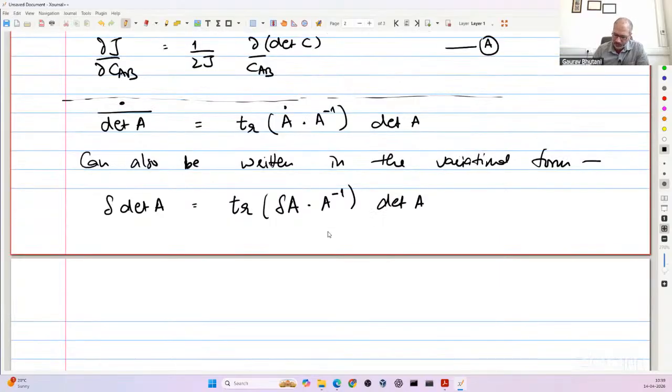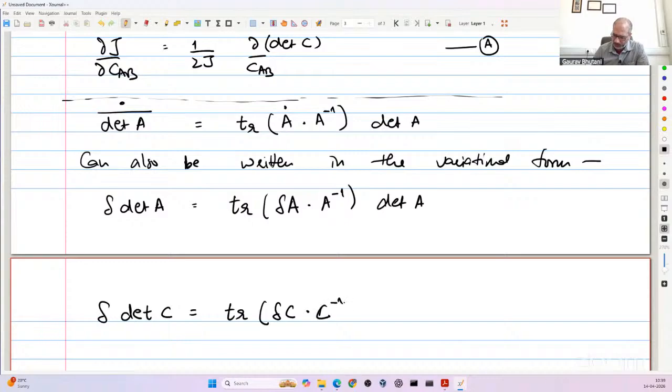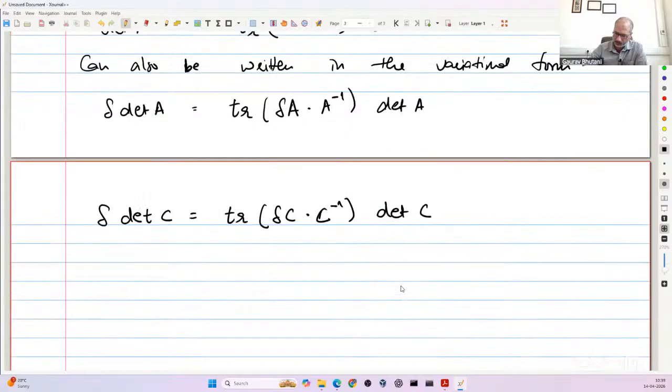So what I can now do is apply this to C. So I get partial determinant of C is trace of partial C dotted with C inverse times determinant of C. So this is how I bring in the C inverse in the picture. Now we'll express it in terms of the initial notation.